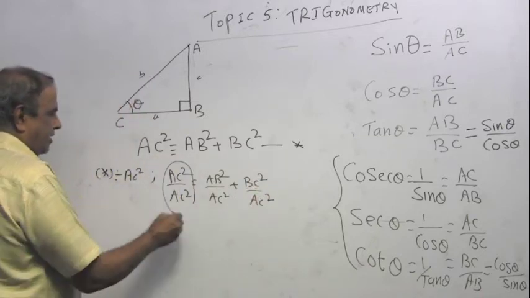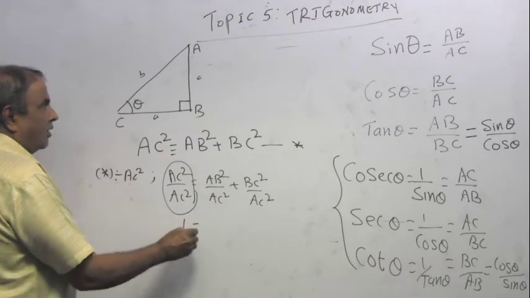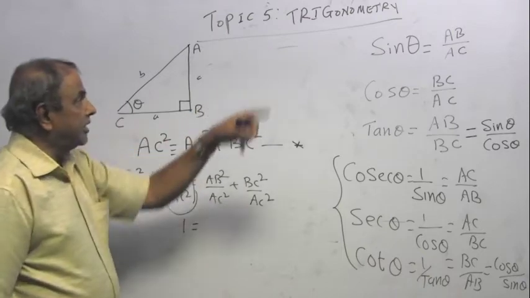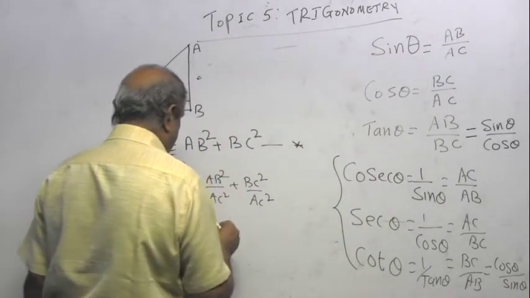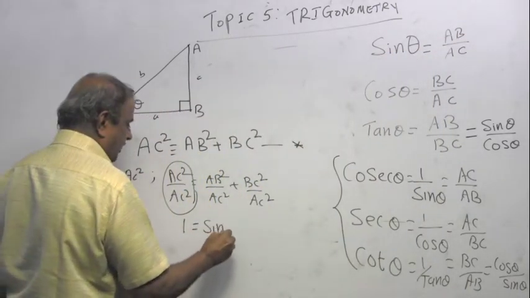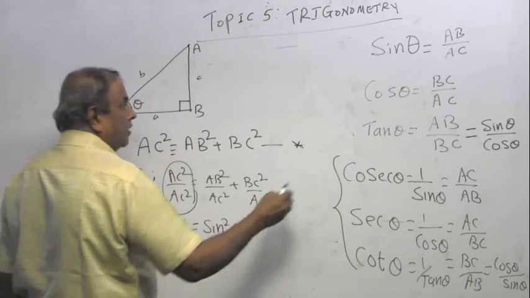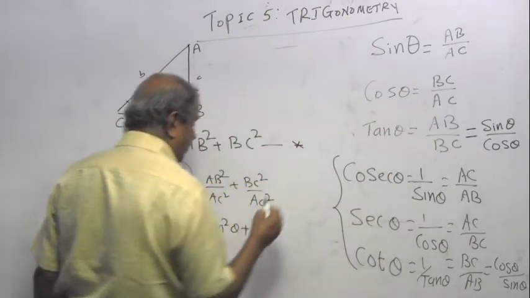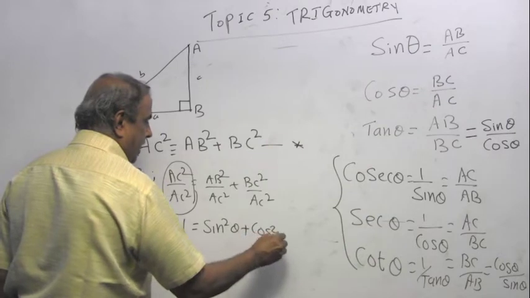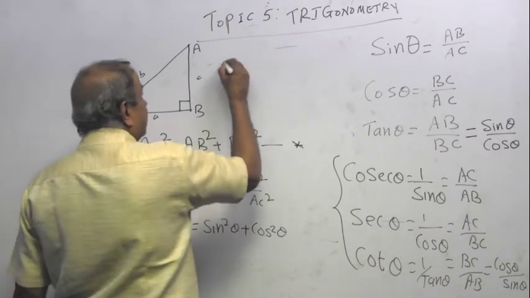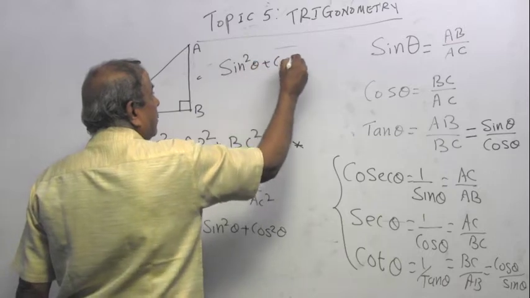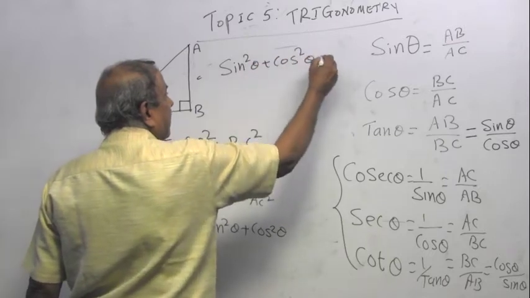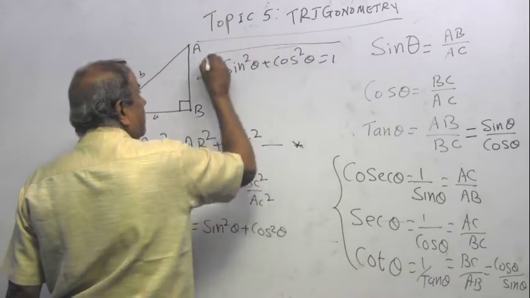What is that? 1. What is AB over AC? AB over AC is sine theta. Remember, just now I told you, so that is sine squared theta. What is BC over AC? Cos theta. Cos squared theta. So I can say sine square theta plus cos square theta equal to 1.